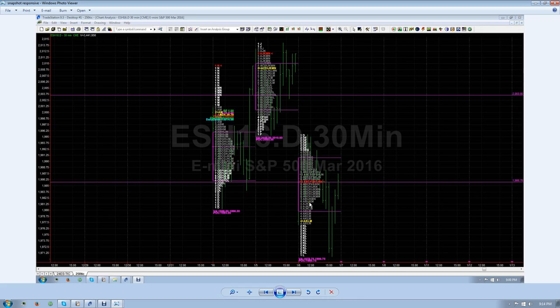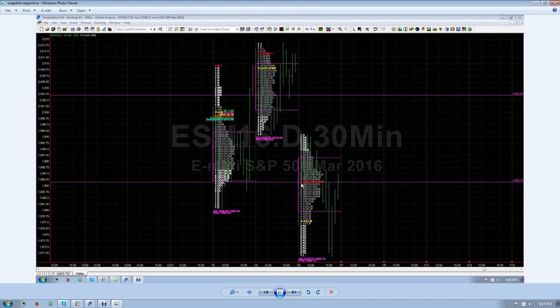Now this profile here also is responsive activity, because you can see here, here's the prior day's close, and the market opens up way down here where this yellow stuff is, and you can see the A period and B period, and the thing moves up all the way through D period, and it tests the prior day's low, and there's no interest in getting into the prior day's range, and so D period, it just sells off for the rest of the day until the close, L period, and the traders just want to go home flat, so they just snap it back into value, at the point of control.